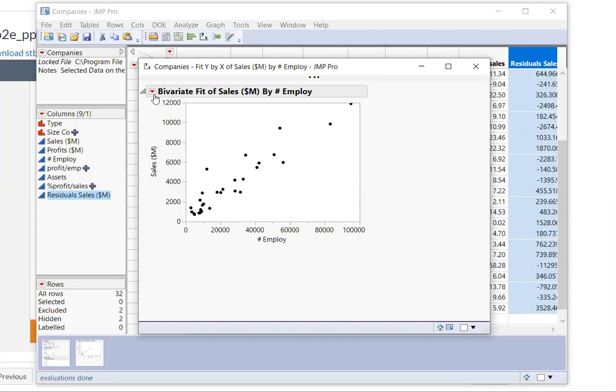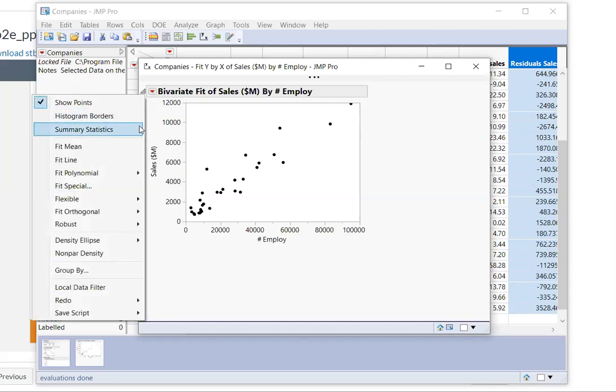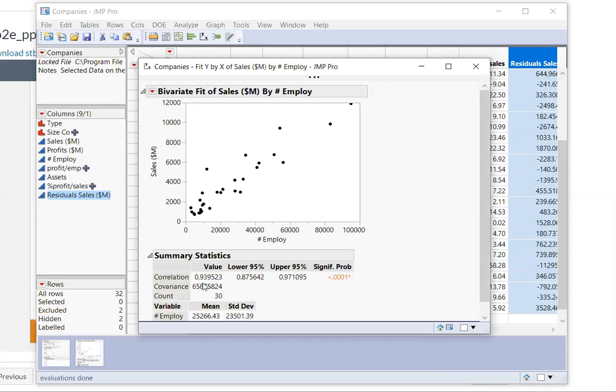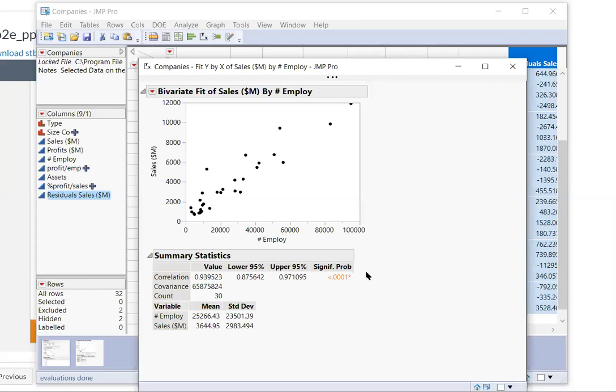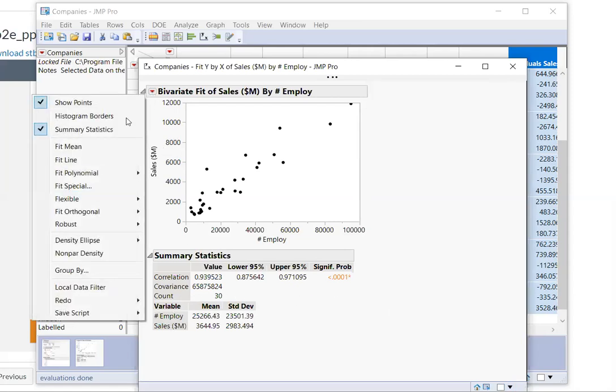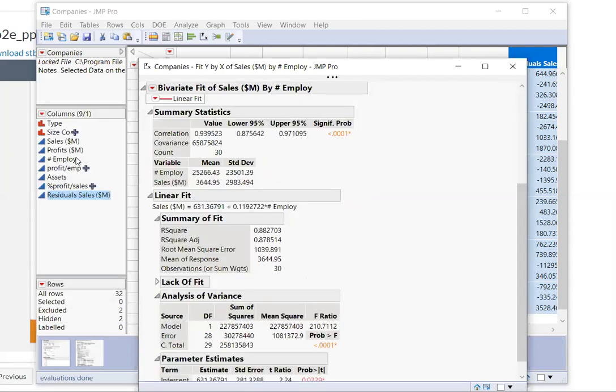I want to see correlation. Summary statistics. Correlation is 0.93, still high. It's a significantly and highly positive correlation, and then fit line, red triangle fit line.